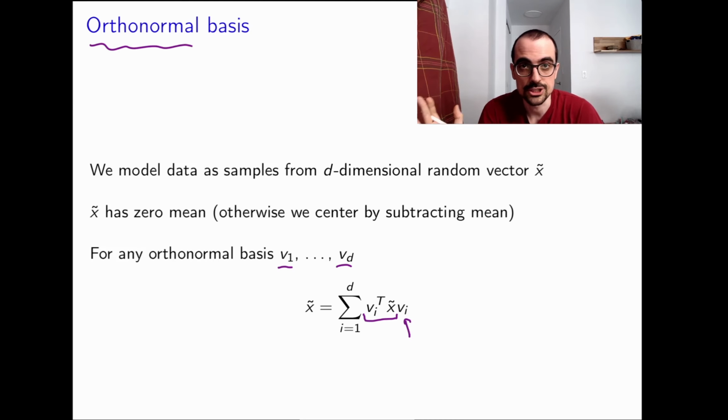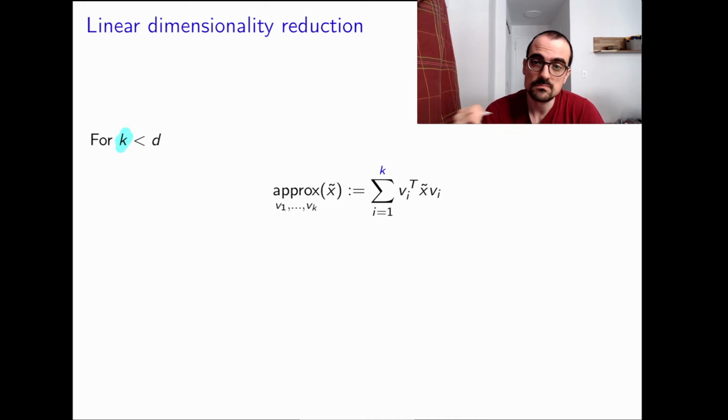Great. Now imagine that you want to do dimensionality reduction, which means that instead of representing the vector with d numbers, you want to represent it with k numbers. Well, something that you can do is you can say, I have d components, given by the coefficients in the orthonormal basis times the corresponding basis vector.